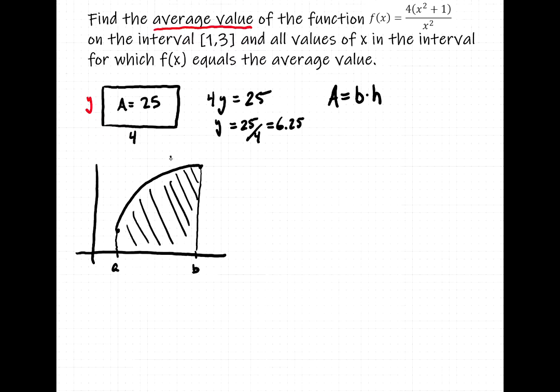So this is the graph of f of x, or at least a portion of the graph on the interval a to b. And since the function is non-negative on the entire interval a to b, the area should equal the integral from a to b of f of x dx.